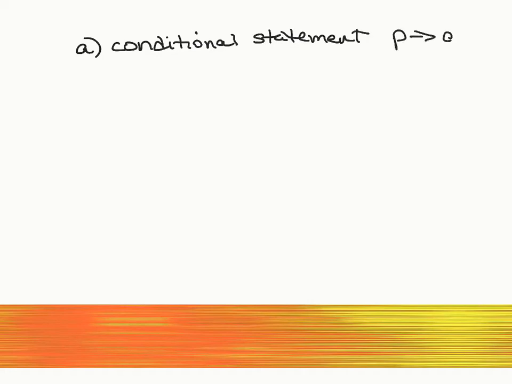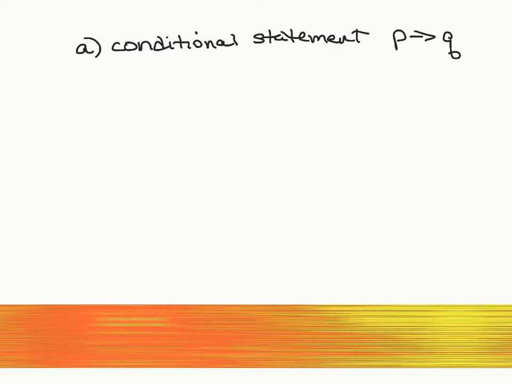So part A, did you guys have things? Okay, so first we're going to do the conditional statement. They told us that that was if P, then Q. So we're going to use what they said.